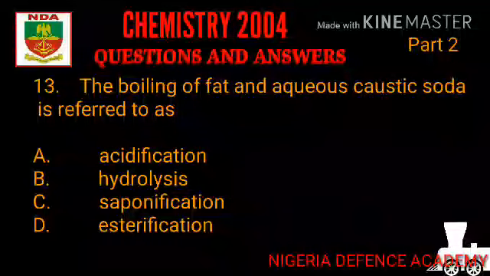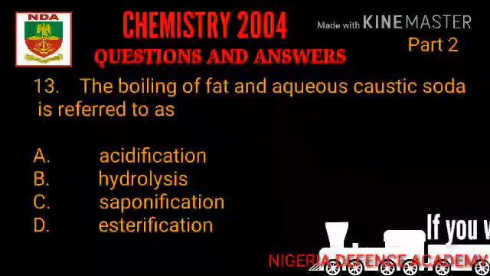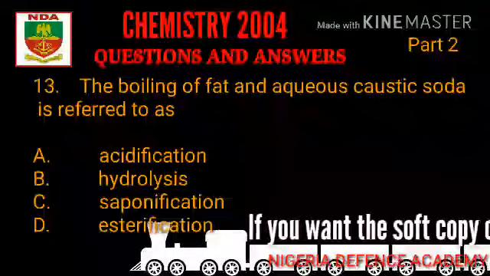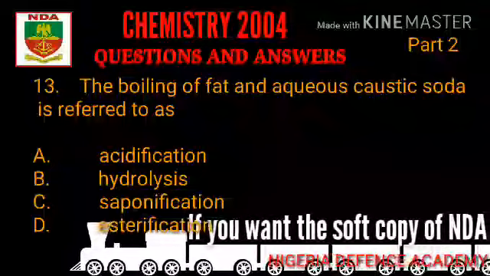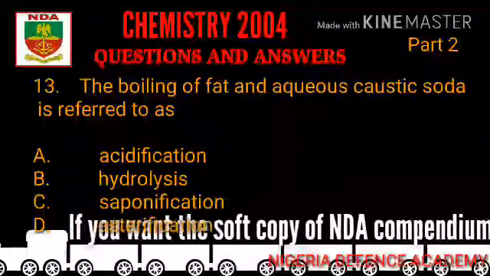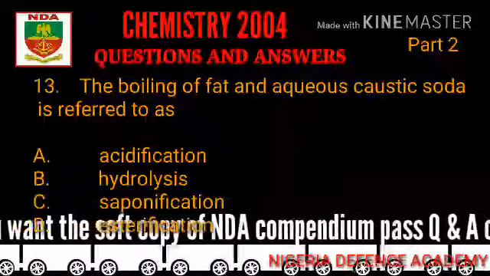Now let's move over to the next question. Number 13. The boiling of fat and aqueous caustic soda is referred to as what? Option A, acidification. Option B, hydrolysis. Option C, saponification. Option D, esterification. So which of these options is the best answer for the question?